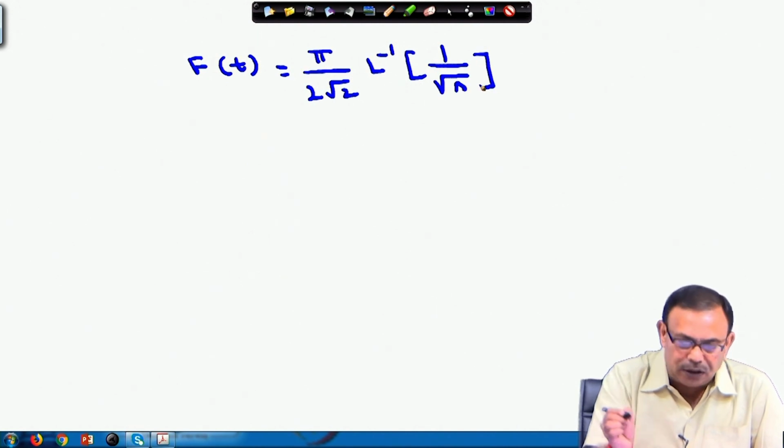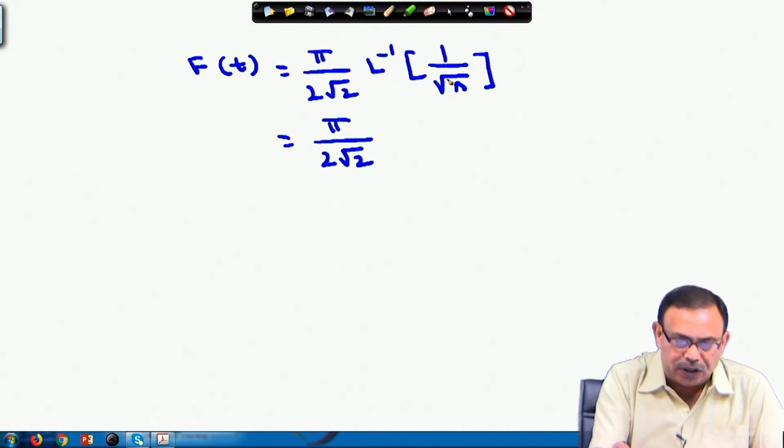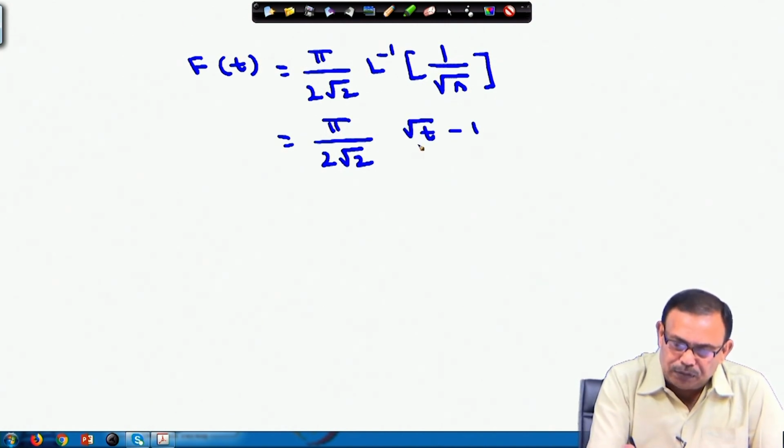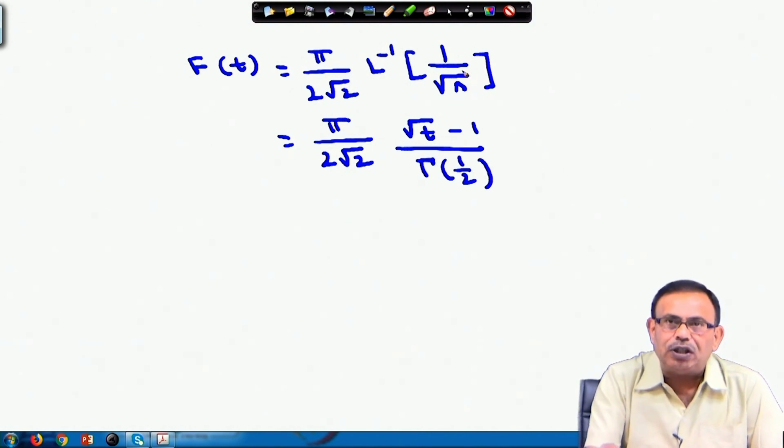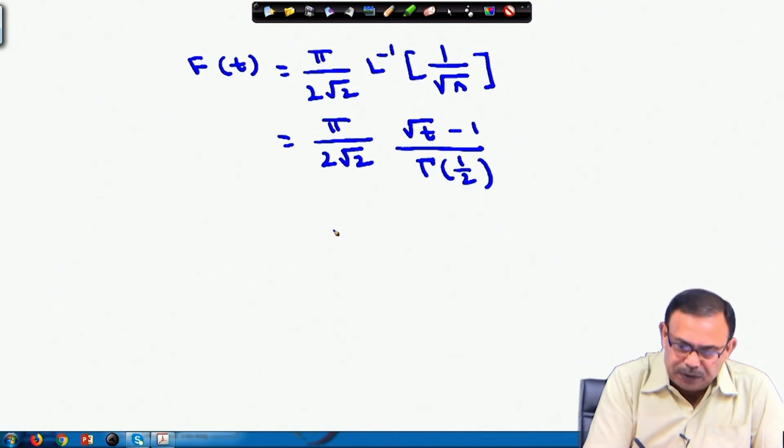Once I am getting this, I know the value: the Laplace inverse of 1 by root s is t to the power minus 1 by 2 divided by gamma half.